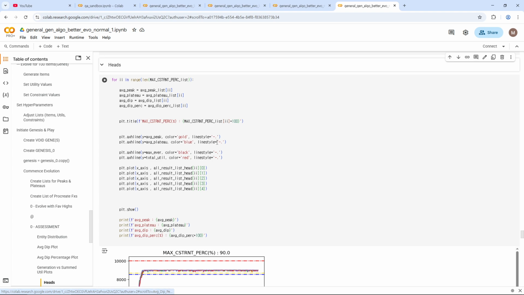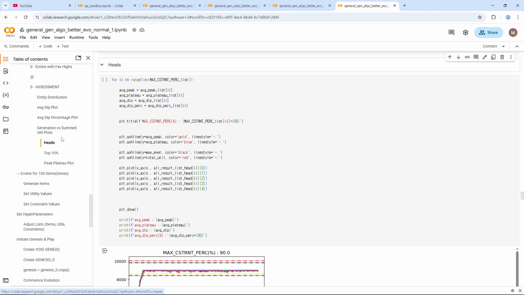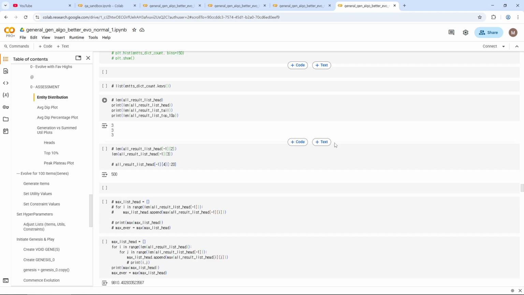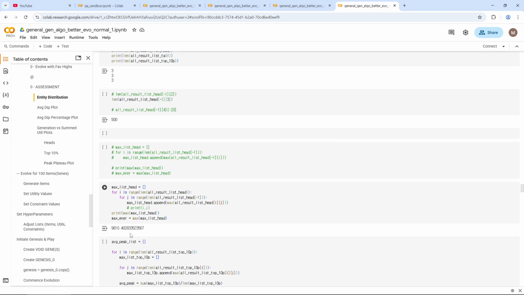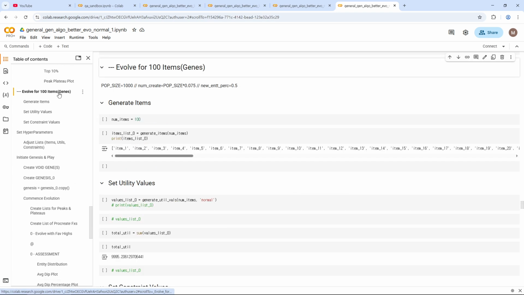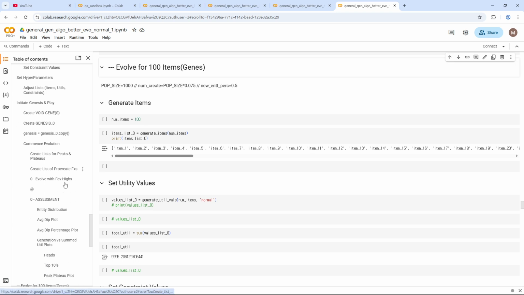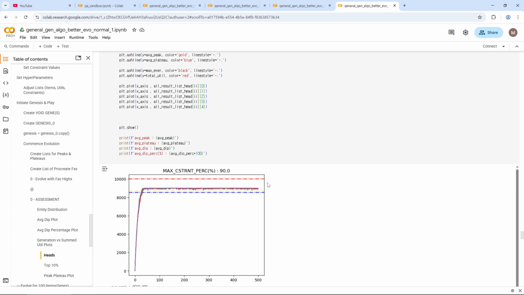The maximum ever in this case was 9810, so this is still higher than 95 something. And in this case, num create is pop size times 7.5% and new entity percentage is 0.5. We see that the black dash-dotted line met the red line, and they're completely merged, so we don't see the black line here.